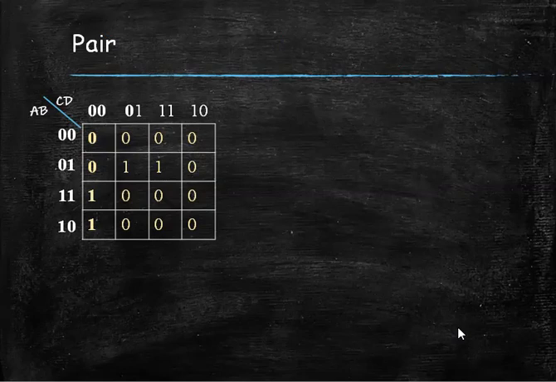Here in the diagram, there are 4 ones. Okay. But here 2 ones horizontally adjacent and here 2 ones vertically adjacent. Then there are 2 pairs. Okay. And here it is first pair and here second pair.